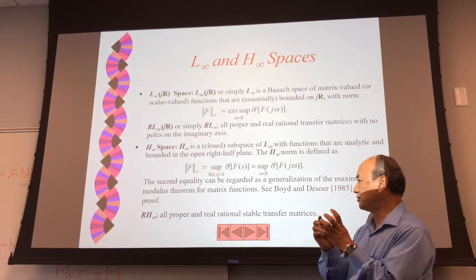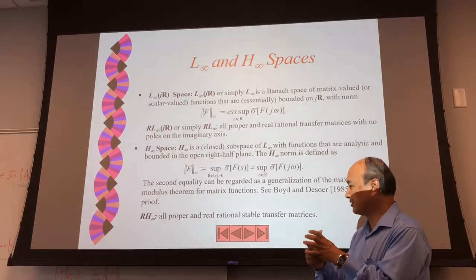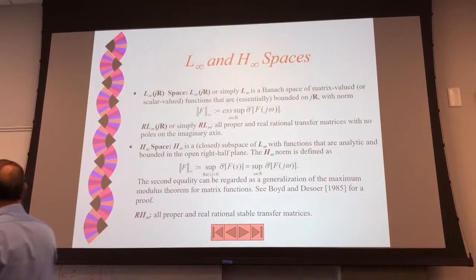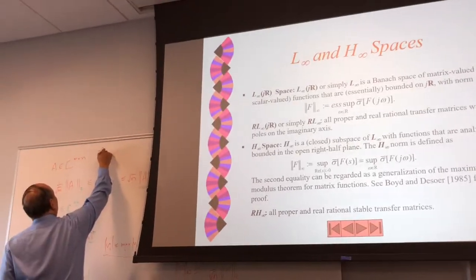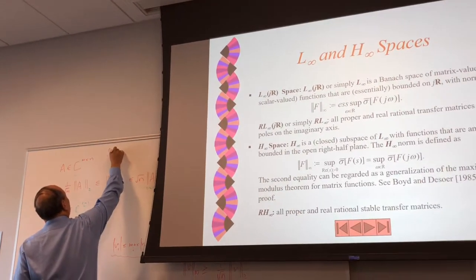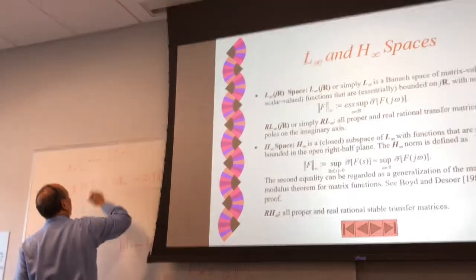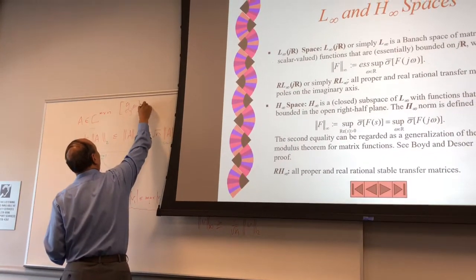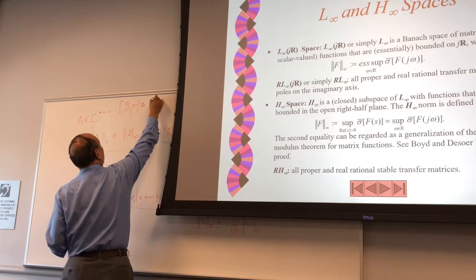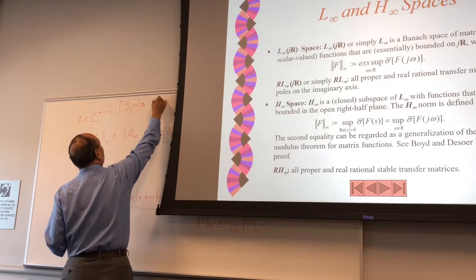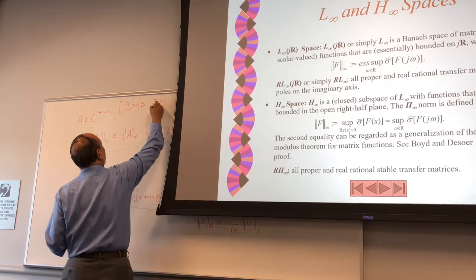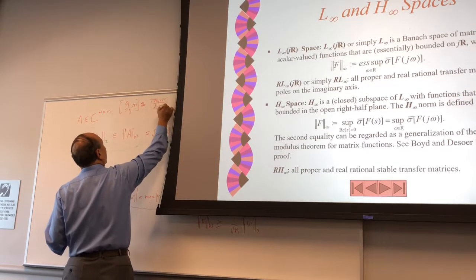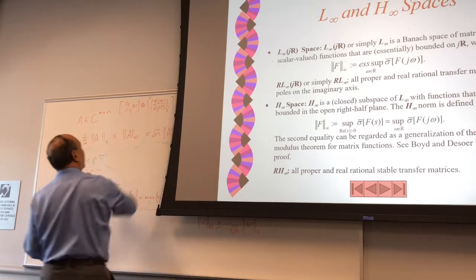I will write small g_ij, then you put this one as a matrix. And G_ij itself can be written as numerator_ij divided by denominator_ij. And this one is the ij element of this one.